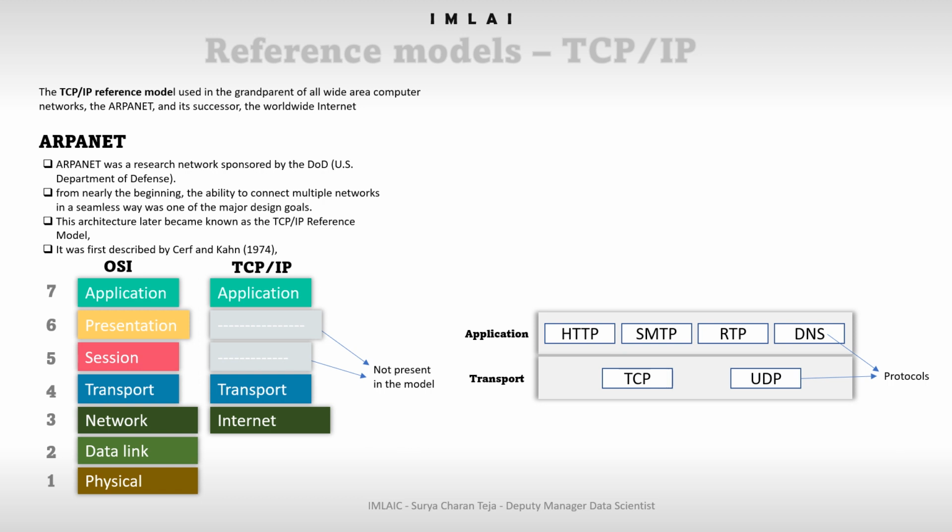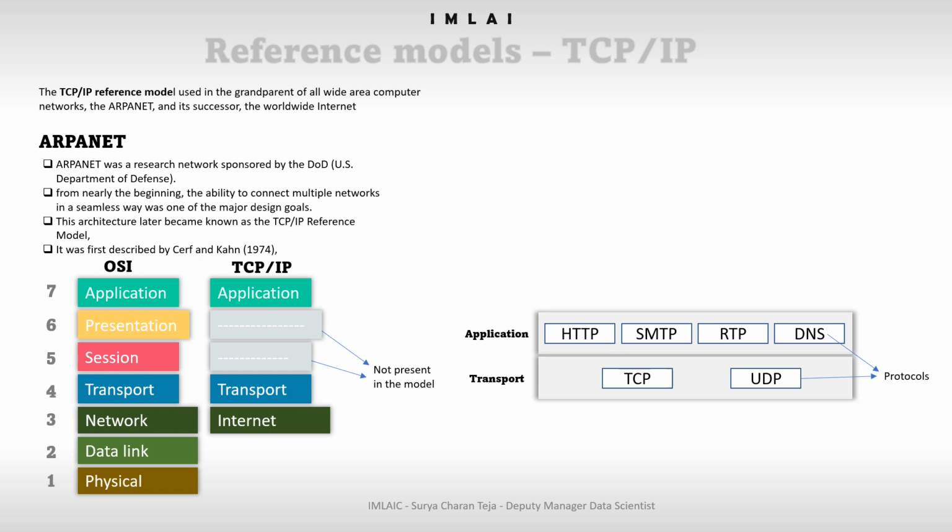Its job is to permit hosts to inject packets into any network and have them travel independently to the destination, potentially on a different network. They may even arrive in a completely different order than they were sent, in which case it's the job of the higher layer to rearrange them if in-order delivery is desired.